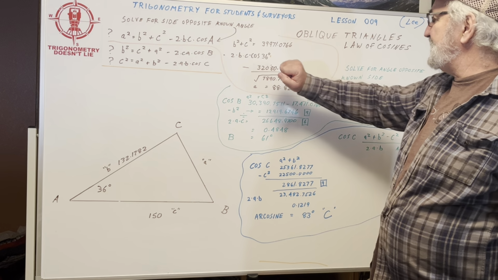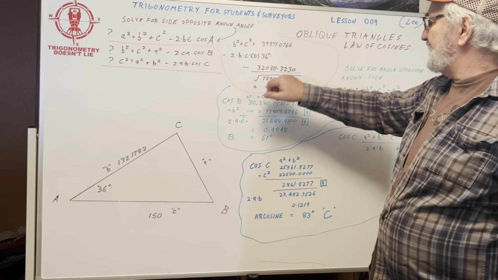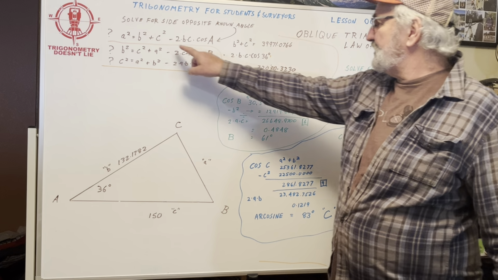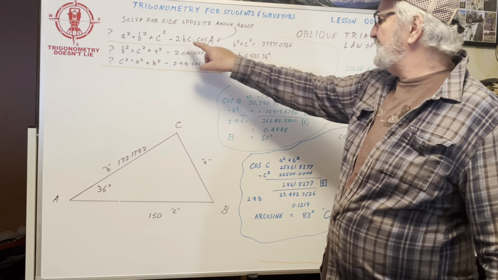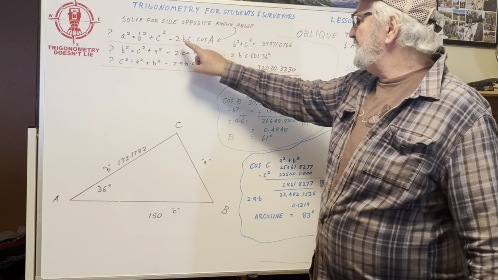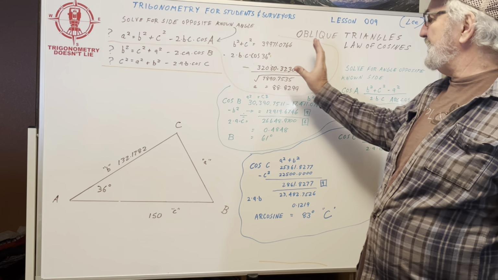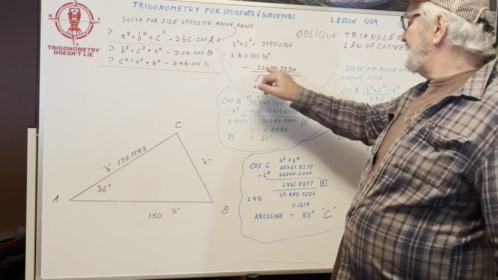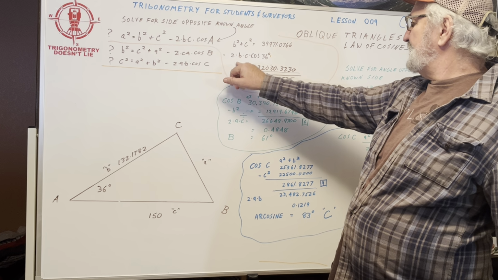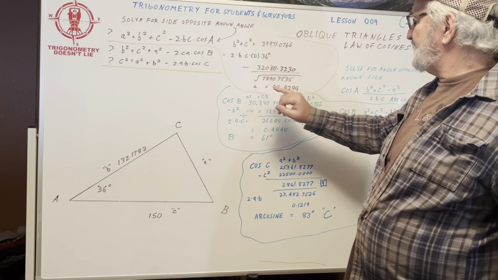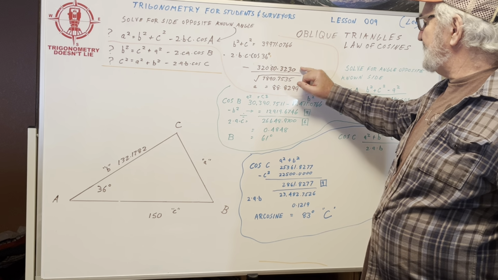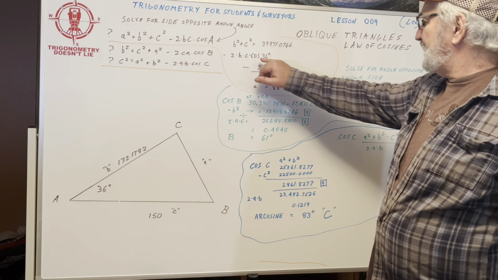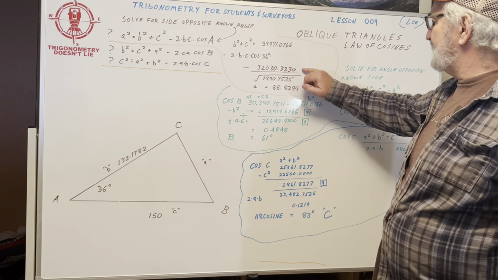B squared plus c squared is that number. Then it's minus 2 times b times c. We save the minus for now. We do 2 times b times c first, because multiplication comes first in the order of operations, times the cosine of 36. Don't forget the cosine of 36, and that's this number.